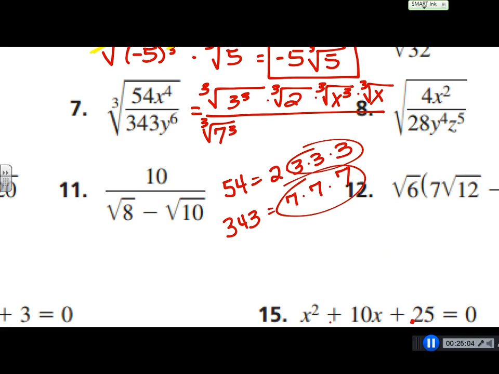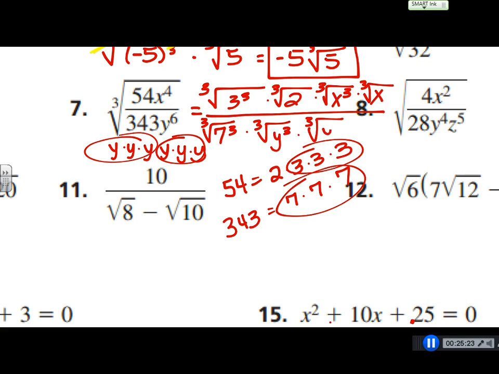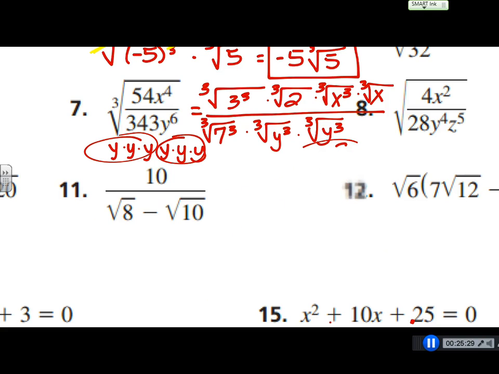What can I do with y to the 6th? Am I going to have 2 sets of 3? How do I simplify all this stuff? Don't the cubed roots cancel?